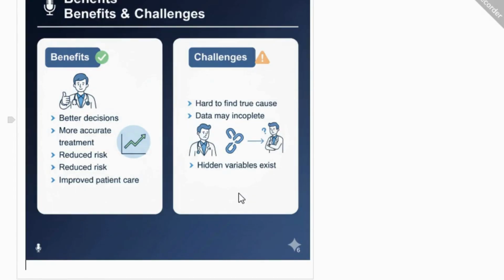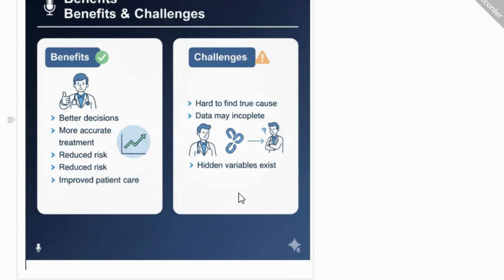The important insight is that this is why this topic is advanced. It requires deep thinking. In the future, AI systems will not just predict. They will understand causes and think about a patient. A wrong decision can be dangerous, but a correct causal decision can save a life.